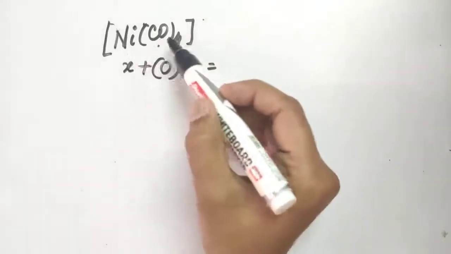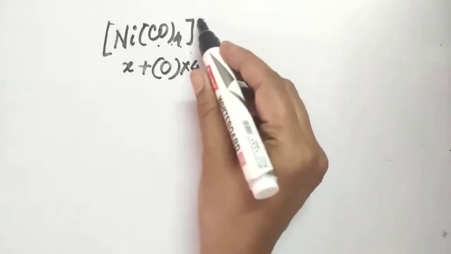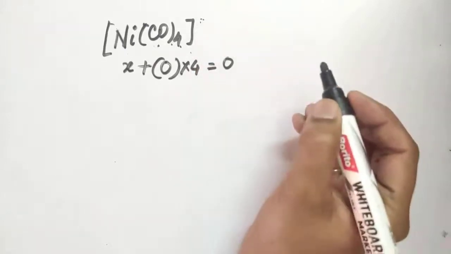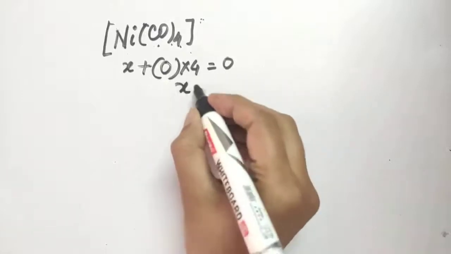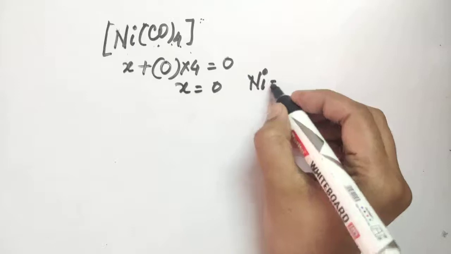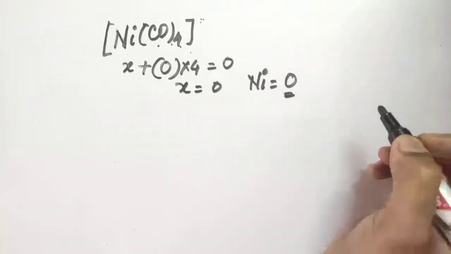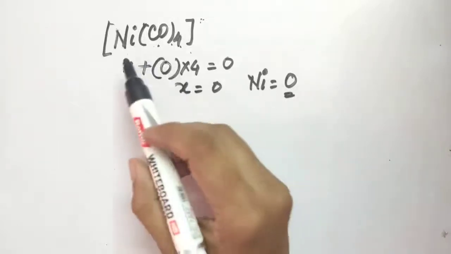Here the complex is a neutral molecule, so the charge outside is 0, and X comes out to be 0. So nickel is present in the 0 oxidation state.